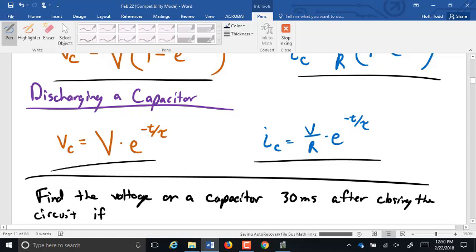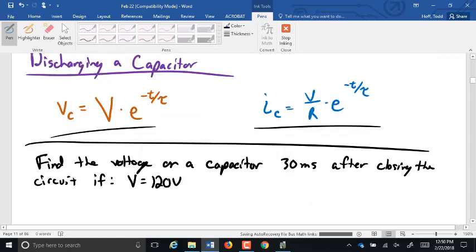If the maximum voltage is 120 volts, the resistance is 2.5 kilo ohms, and the capacitance is, well, let's go 45 microfarads.